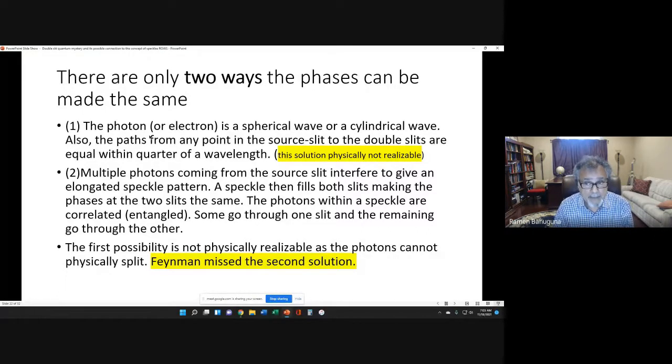Okay. Now this solution is not physically realizable. Why? Because if it is a single photon, how will it go through both slits? Something real has to happen at the double slit. Something physical has to happen at the double slit. So this is not physically realizable.